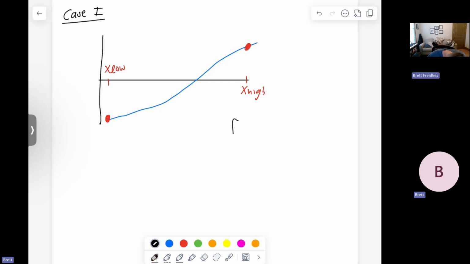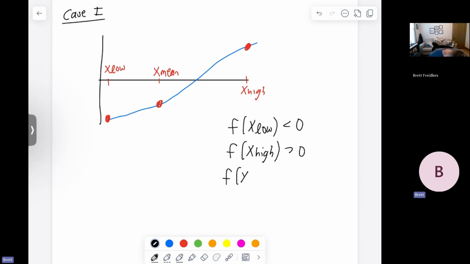So what I mean is, f of x low is less than 0, f of x high is greater than 0. And I find my mean. Maybe my mean is right here. And in this situation, f of x mean is also negative.